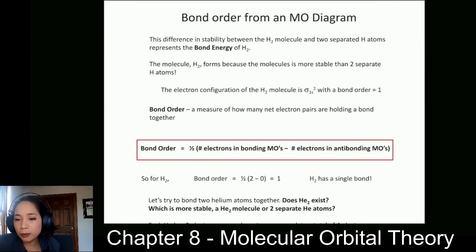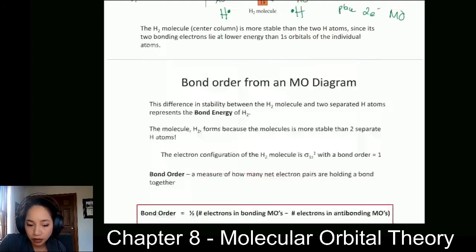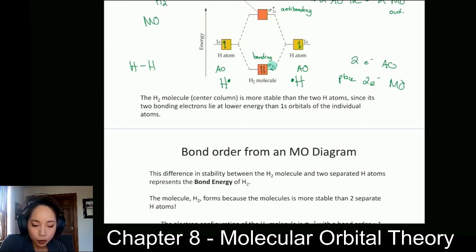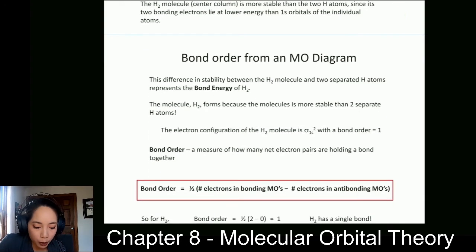We'll eventually get a bond order of 1 for hydrogen, and that will corroborate our Lewis structure for diatomic hydrogen. So like I said, when you form H2, it forms because the molecule is more stable than two separate hydrogen atoms. That's what I showed here: forming the H2 molecule is more stable than just leaving the hydrogen atoms with unpaired electrons floating around in space. And that's because of the stabilization we get when combining atomic orbitals.